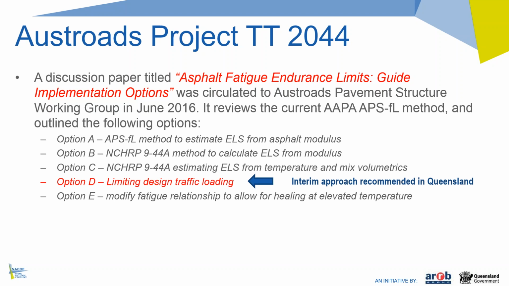For this technical note that we are proposing in Queensland, we're going to recommend adopting option D, which is putting a limit on the design traffic, so that is what is going into the tech notes.